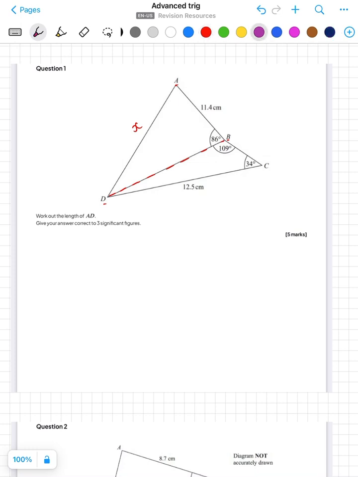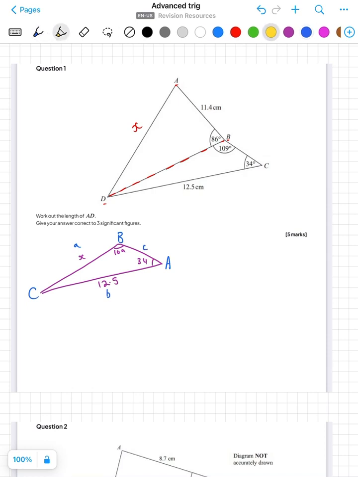What we look at here, so let's just draw this triangle out, BD. So we have 109 degrees, 34 degrees, 12.5 centimetres, and we want to work out our length BD. First we label: A, B, C. We can highlight what we know.